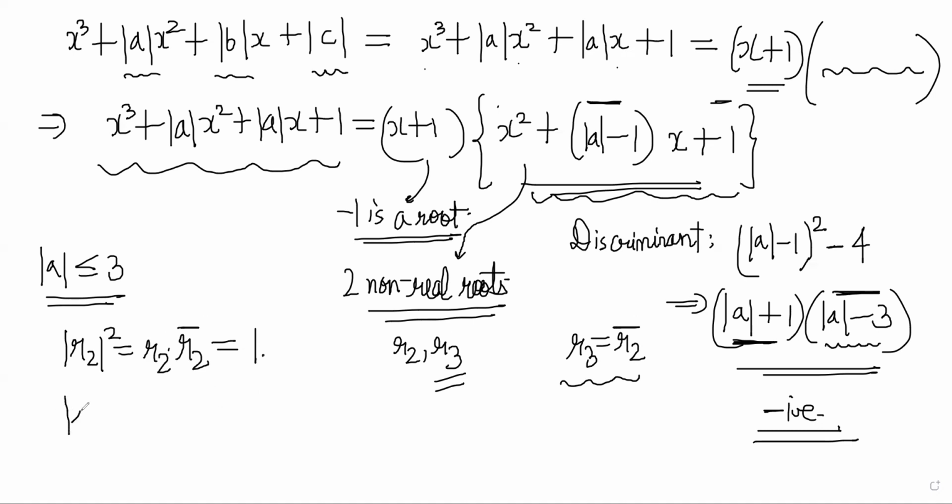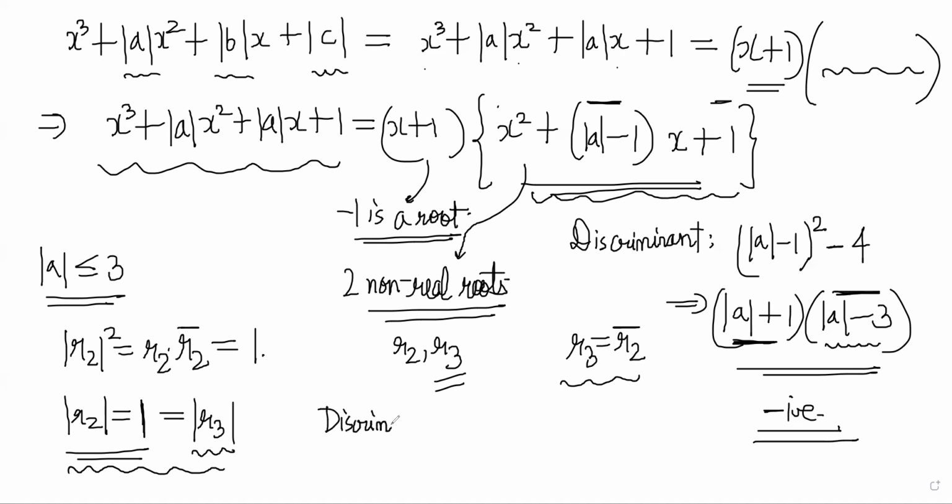So what we get from here is mod R2 will be 1. That will be equal to mod R3 also, because R3 is the conjugate of R2. So mod R2 is equal to mod R3 is equal to 1. This was the case when the discriminant was negative; the discriminant could be 0 also.